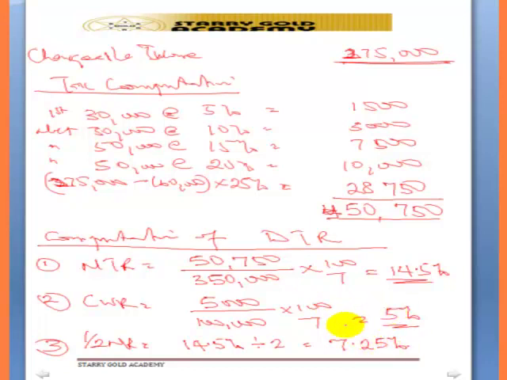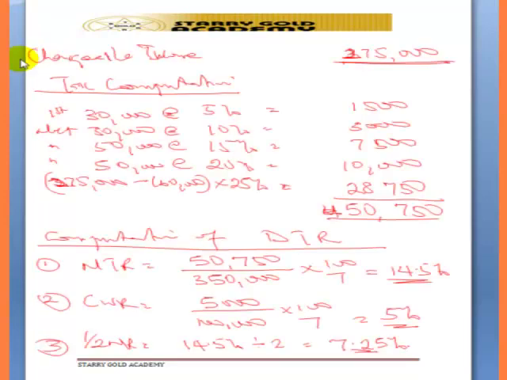Since Commonwealth rate is lower than half of Nigerian rate, therefore the double taxation relief will be the Commonwealth rate. Okay, this one should be Roman figure 2.